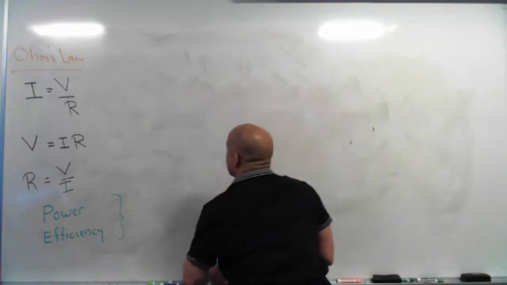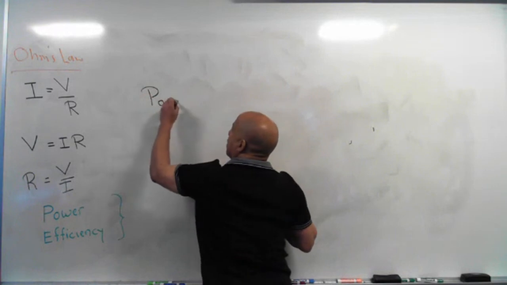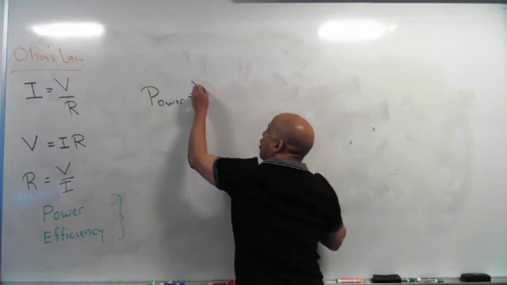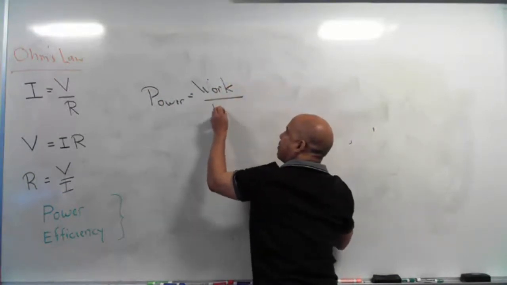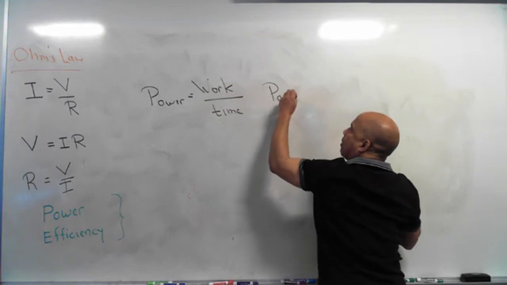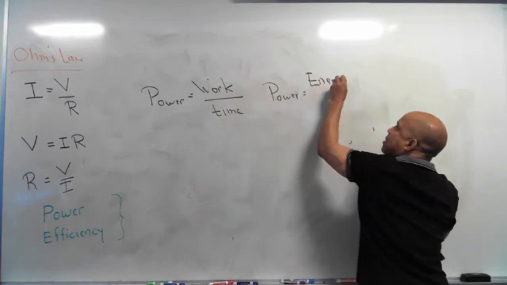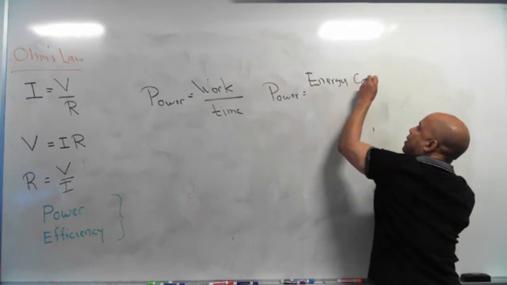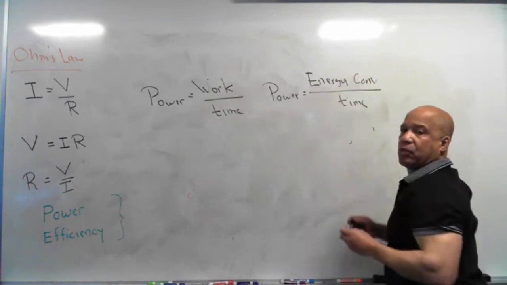I can say power is work done per unit time, or I can say power is energy converted over time. I can write it either way.